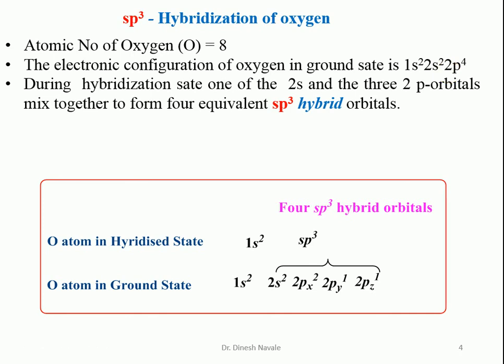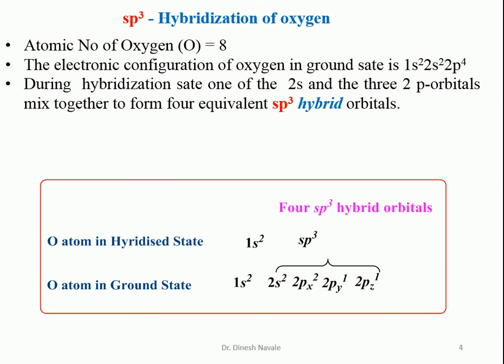During the hybridization state, one 2s orbital and three 2p orbitals mix together to form four equivalent sp3 hybridized orbitals of the oxygen atom.